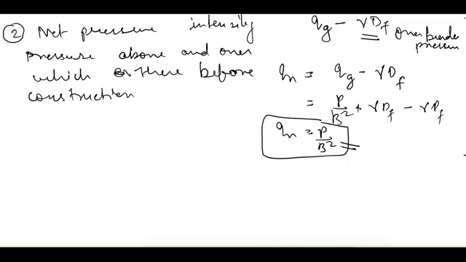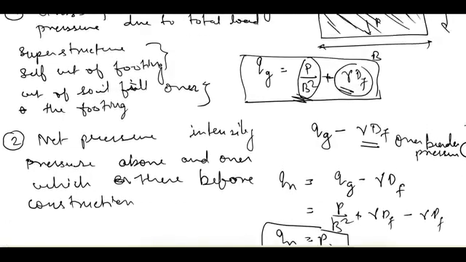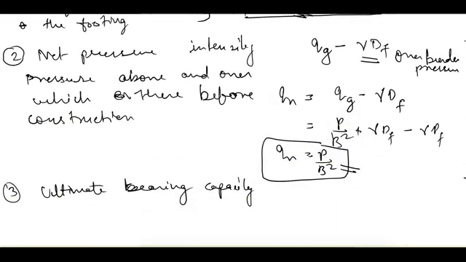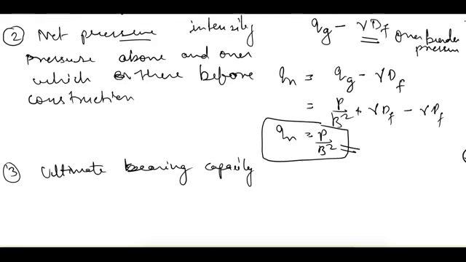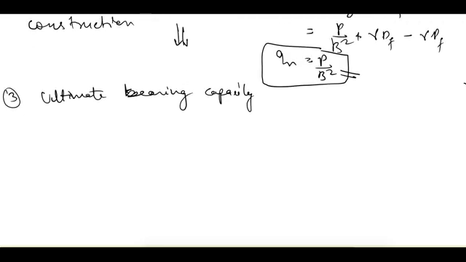Now having understood that, our next part is ultimate bearing capacity. These two definitions we covered here, gross pressure intensity and net pressure intensity, indicate what pressure intensity we are putting on the soil. Now our next definitions would include what is the capacity of our soil.